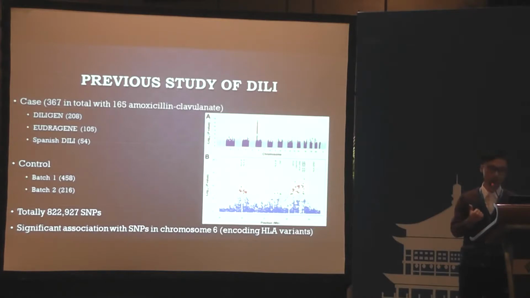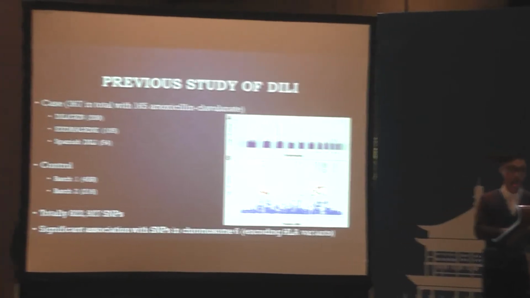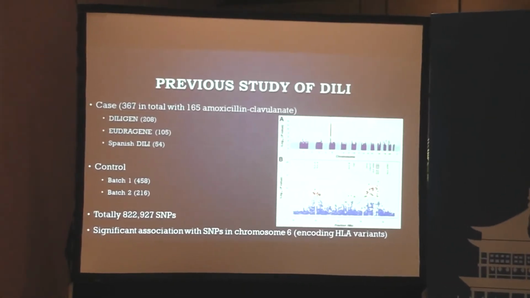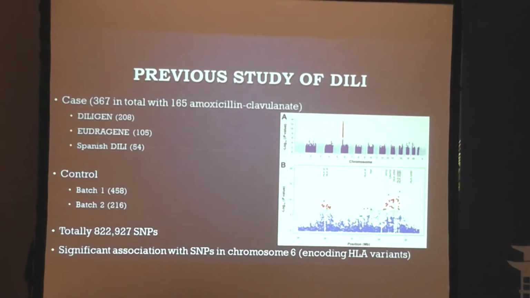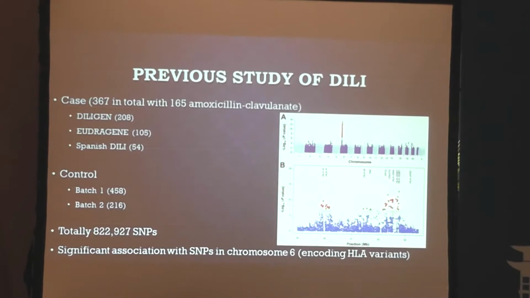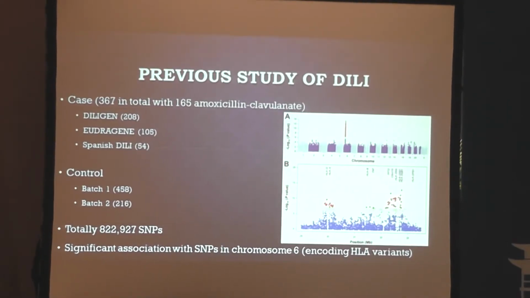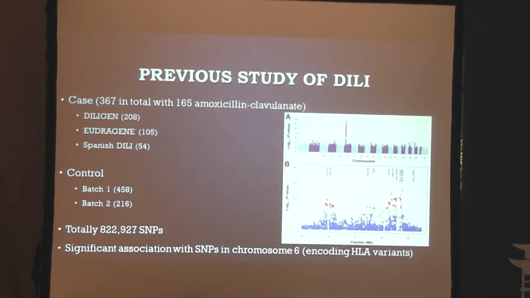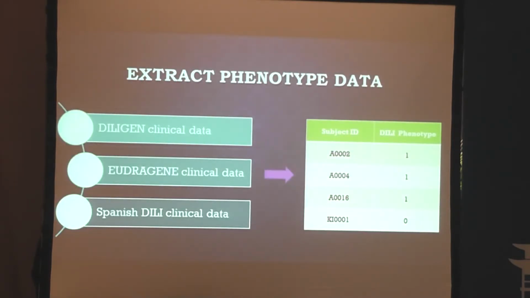We use the p-values in the genome-wide analysis in our study, and subfigure B is a zoomed view of subfigure A within chromosome 6, and we also label the human leukocyte antigens genotypes at the top of subfigure B.